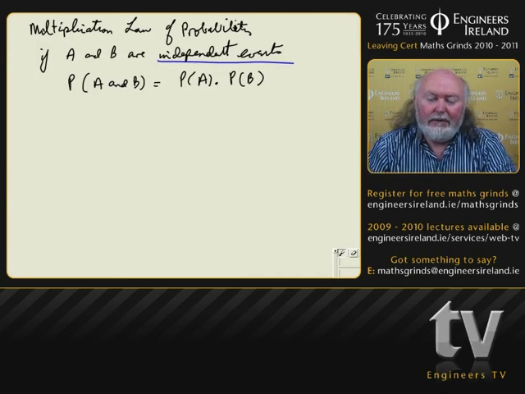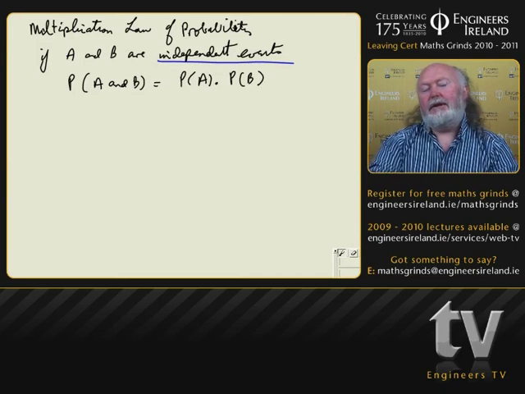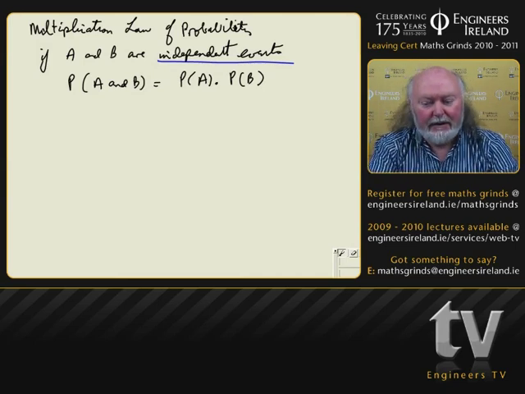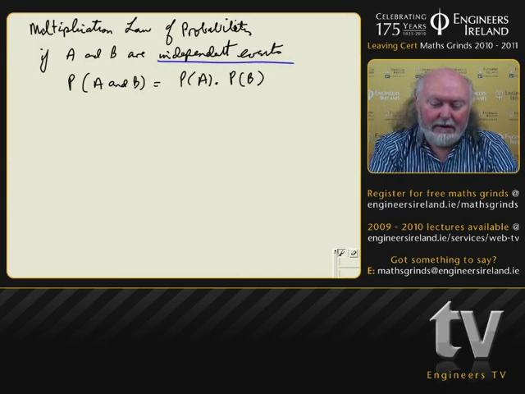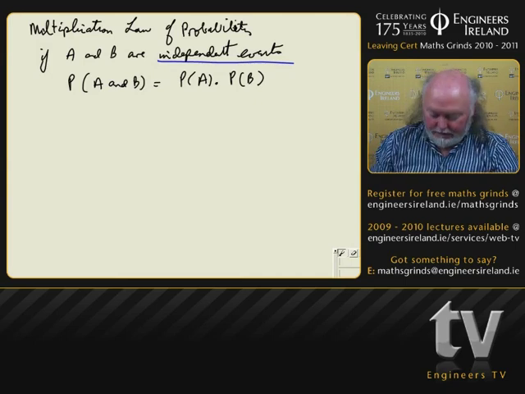It's critical that they're independent, because if they're not independent, this doesn't hold. Now, in a lot of cases that we're going to be applying this, B is actually dependent on A. So what we need to do is to find a means of changing this around so that we can use it for all of those types of events.